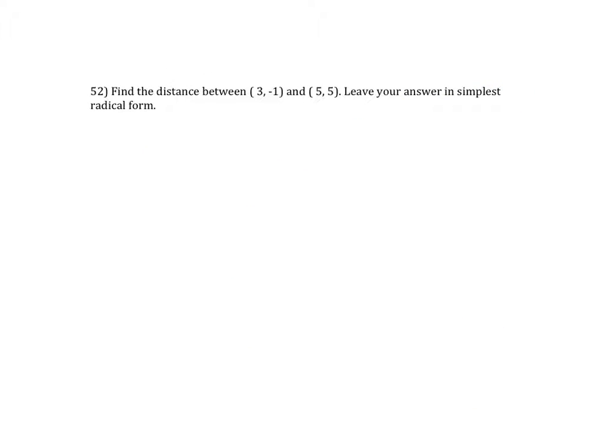Okay, so we're switching gears from area and volume to talk about the distance formula, slope, midpoint, equations of lines. Number 52, we're asked to find the distance between these 2 points. So let's label the first point with x1, y1, just because it's listed first. And the other point is x2, y2.